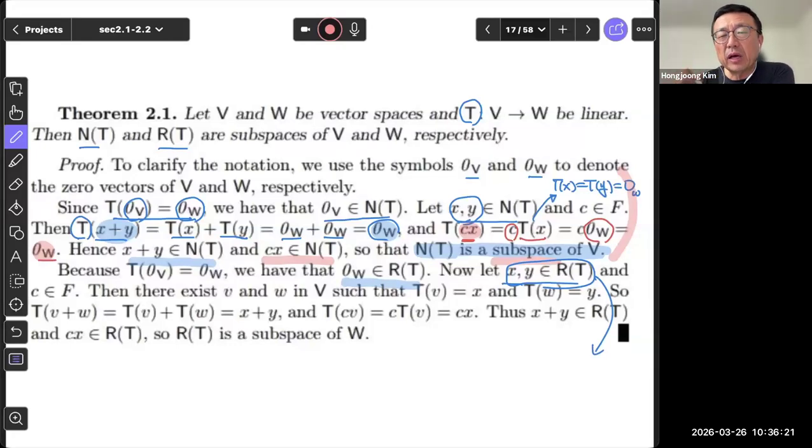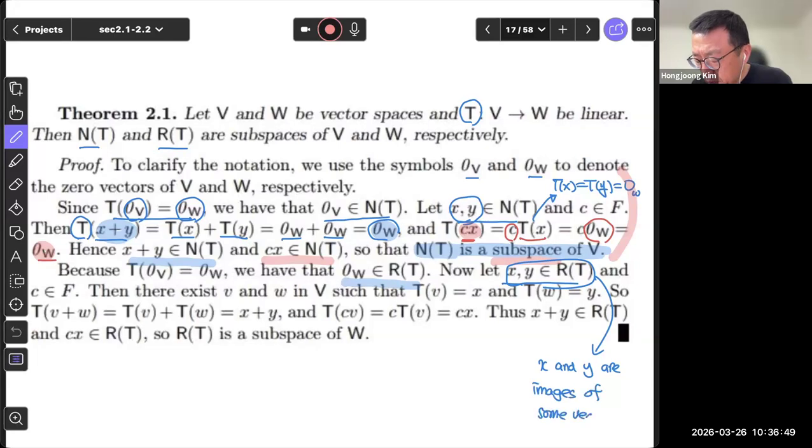Now, what is the range? The range is the collection of images. So x and y were chosen from the image. That means x and y are the images of some vectors, say V and W. Let me follow the textbook.